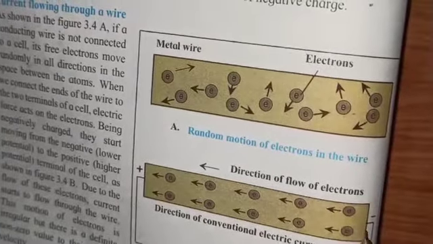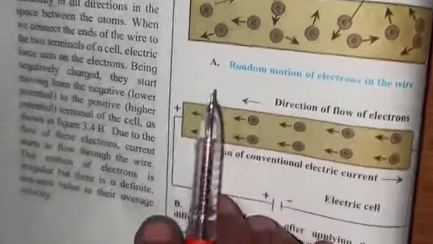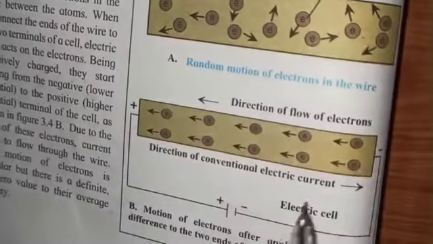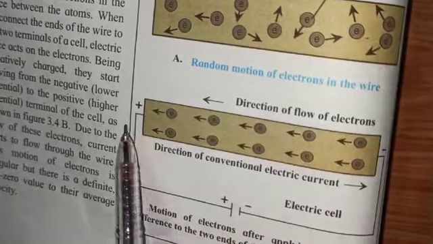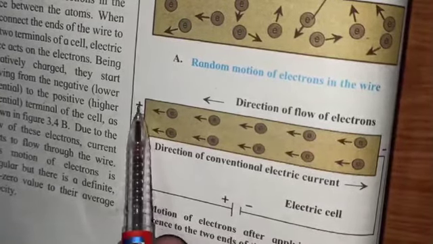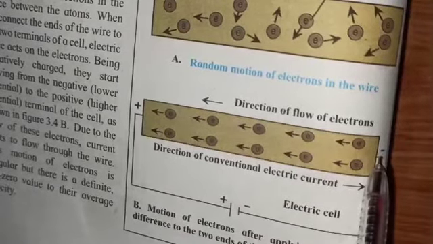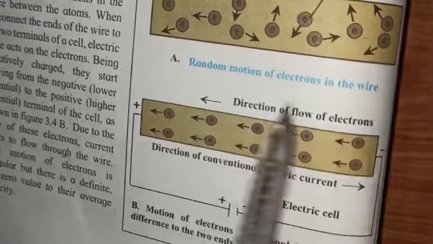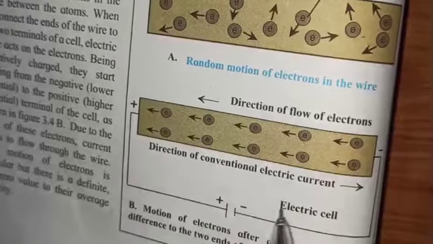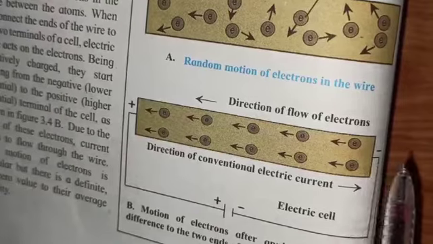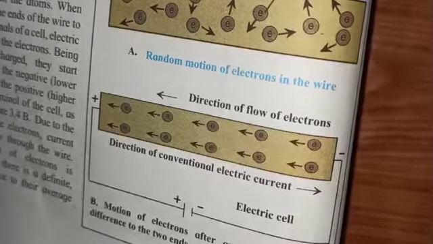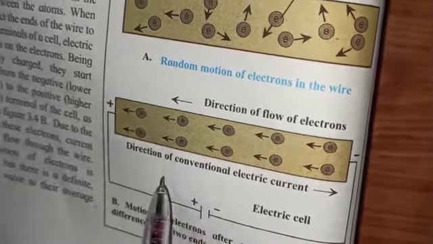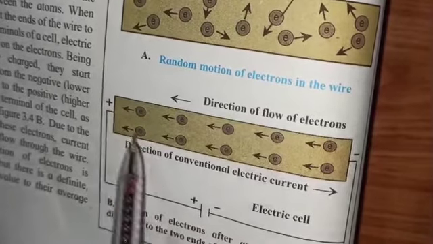But when you apply a potential difference, the difference between the two points, here is negative charge, here is positive charge, then these negatively charged electrons rush toward the positive side.